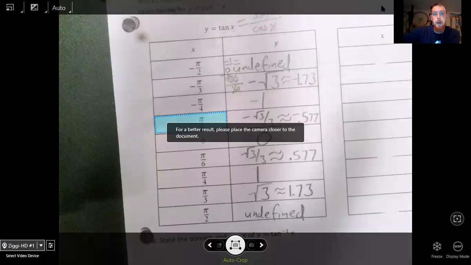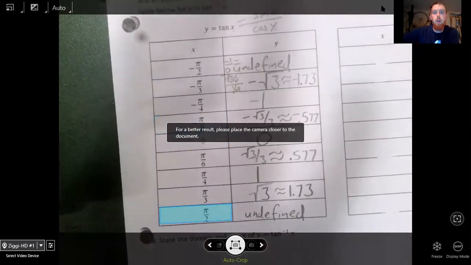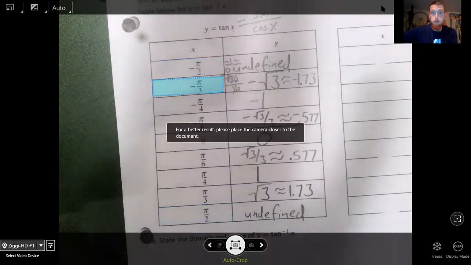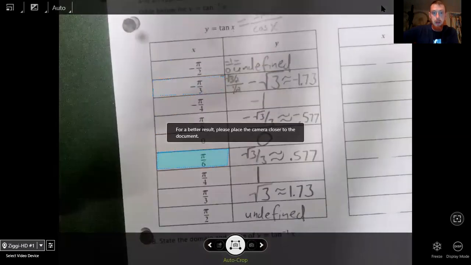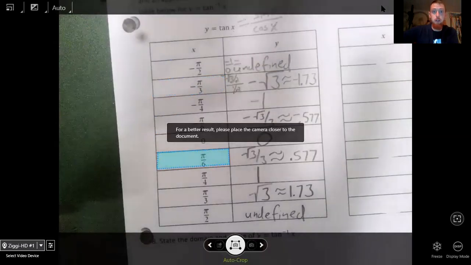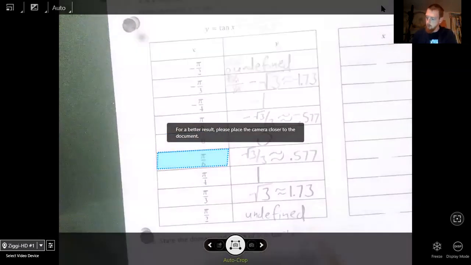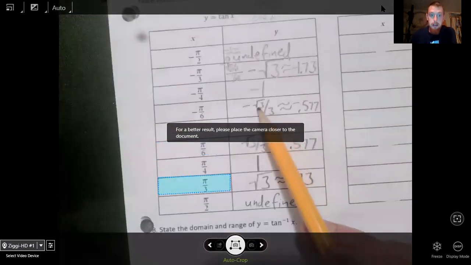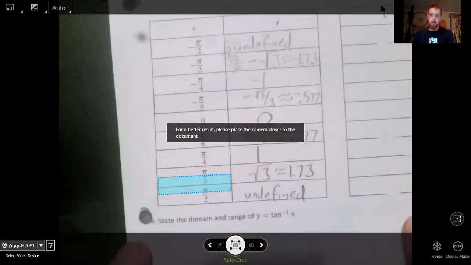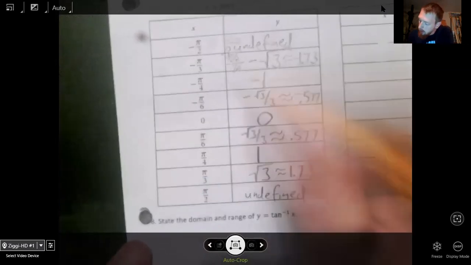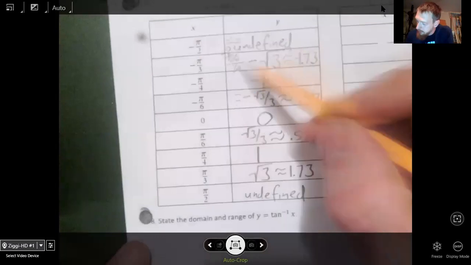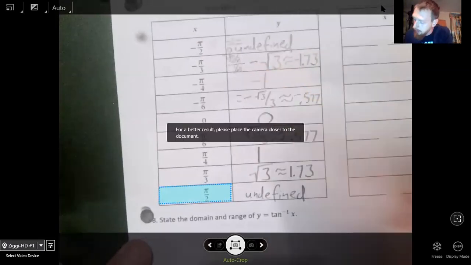If you think about pi over 4 or negative pi over 4, that's where sine and cosine are both square root of 2 over 2. It just so happens that at a reference angle of negative pi over 4, your sine value is negative. So those two values are the same in magnitude, but since the sine value is negative, that's why you get negative 1 right there. The tangent of negative pi over 6 comes from basically the reciprocal of the tangent of negative pi over 3.